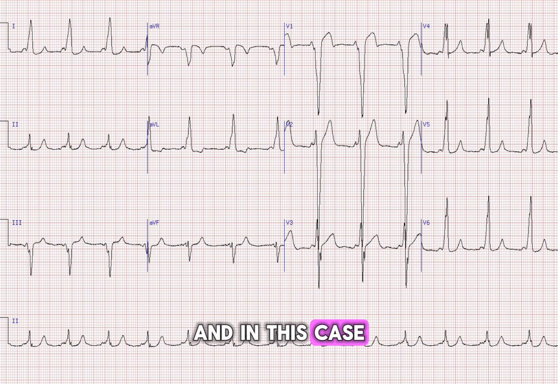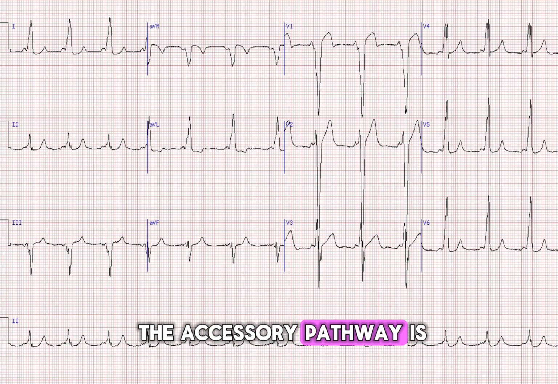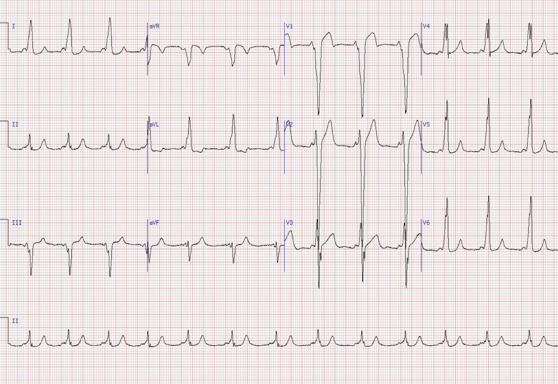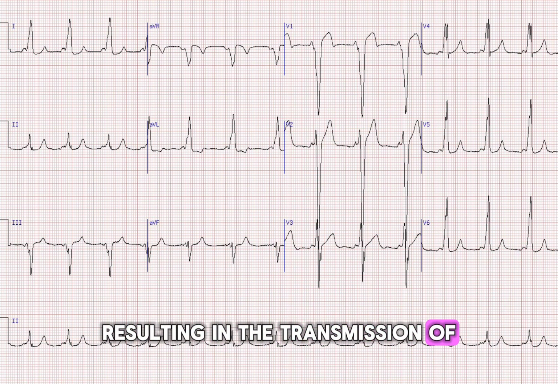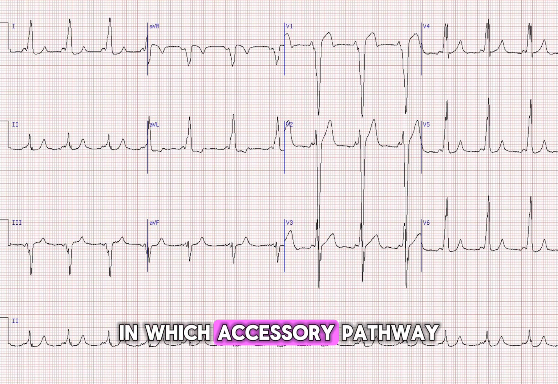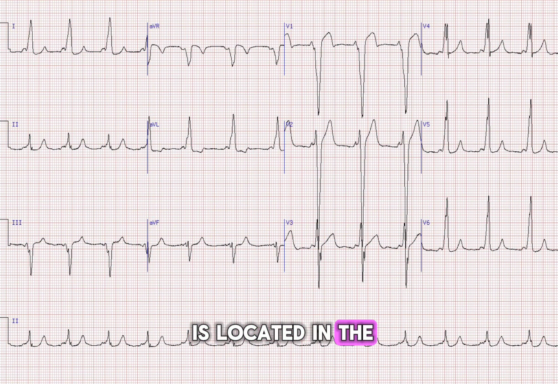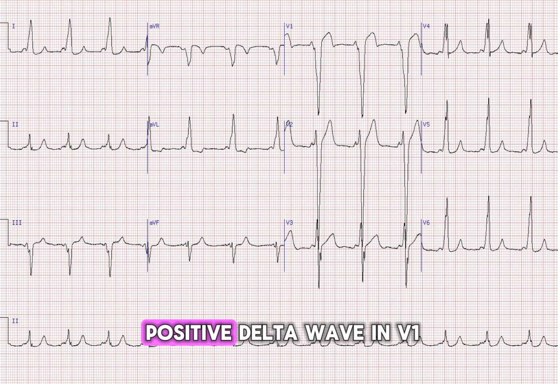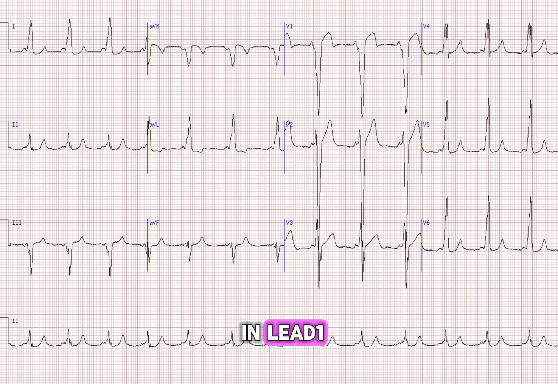And in this case, the accessory pathway is located on the RV free wall, resulting in transmission of current towards lead 1 and away from V1. Had it been the other case, in which the accessory pathway is located in the left ventricle, you would find a positive delta wave in V1 and a negative delta wave in lead 1.